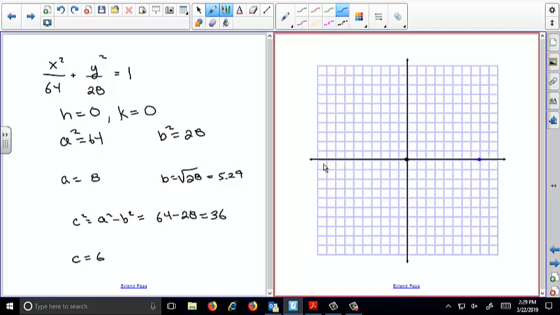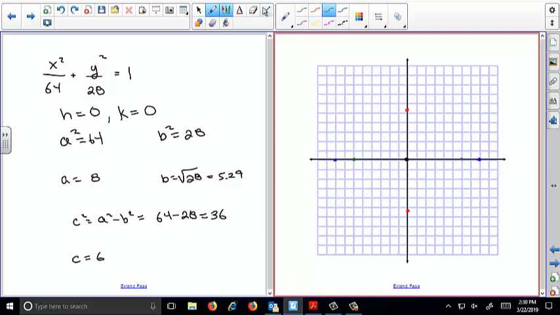Go the other way, -8. Then in the y direction, you have the square root of 28, which is 5.29. So we go 1, 2, 3, 4, 5, approximately there. 1, 2, 3, 4, 5. So that's the minor axis, and the focus points are plus or minus 6. So it goes there, and it goes there.